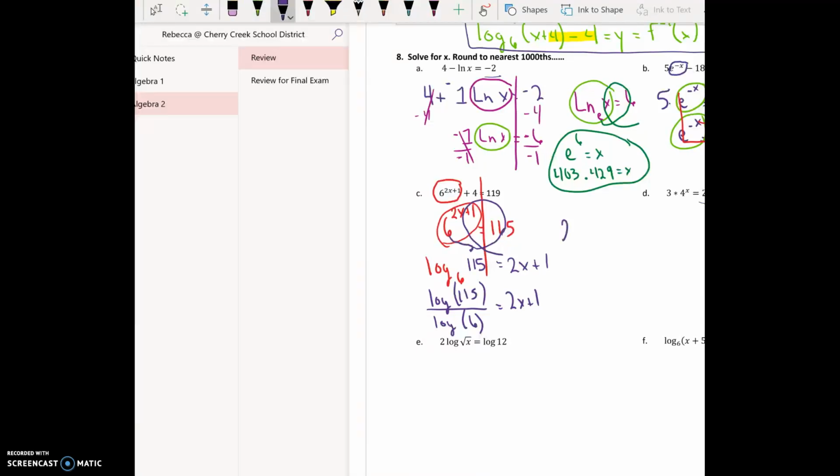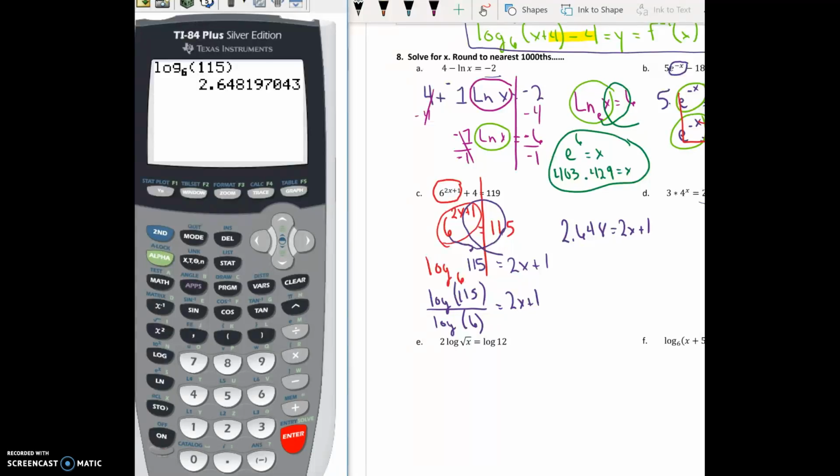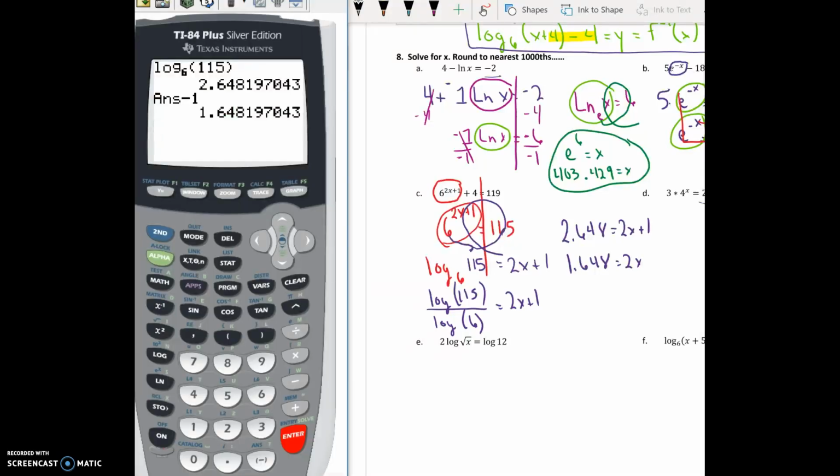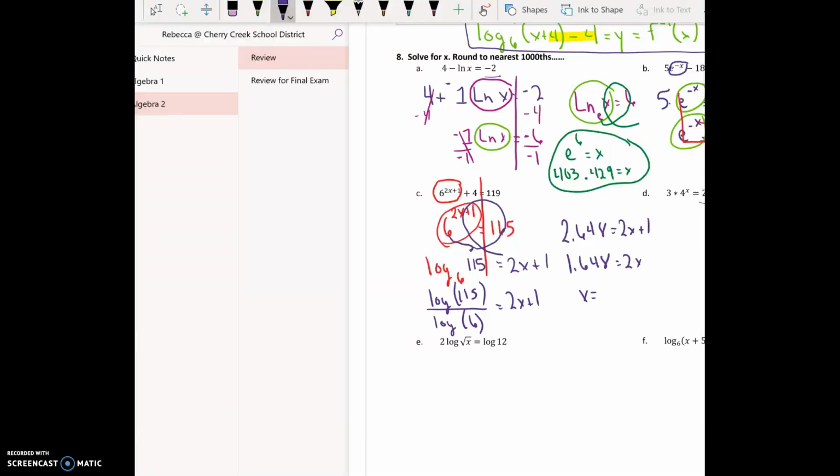So I'm just going to write down the shortened version of this, but I'm still going to have that long decimal in my calculator, because now what I'm going to have to do is subtract 1. And that's going to give me a very similar long decimal. And now to get x alone, I'll divide by 2. So keeping this long decimal in my calculator, I'll just divide by 2. And when you're done, rounding to the nearest thousandths, that'll be 0.824. So that is my answer for C.